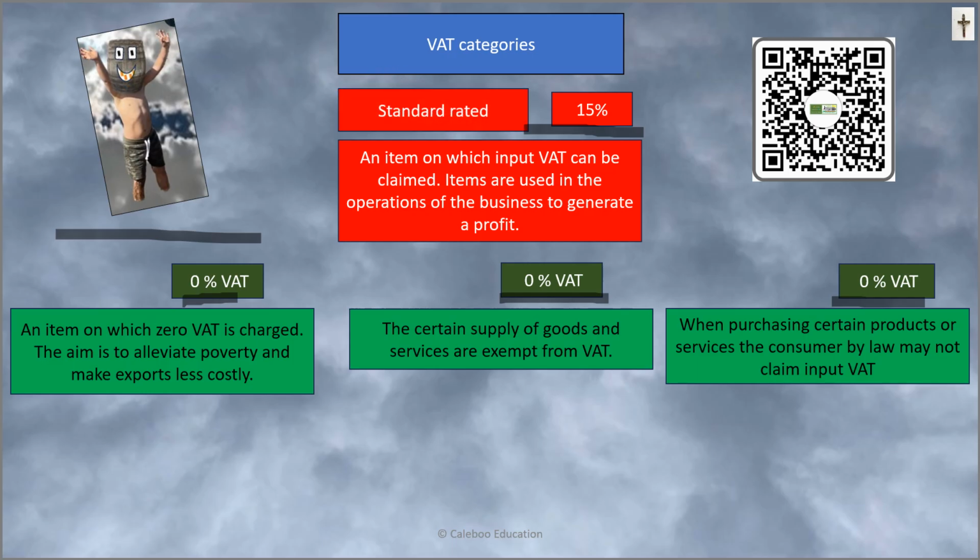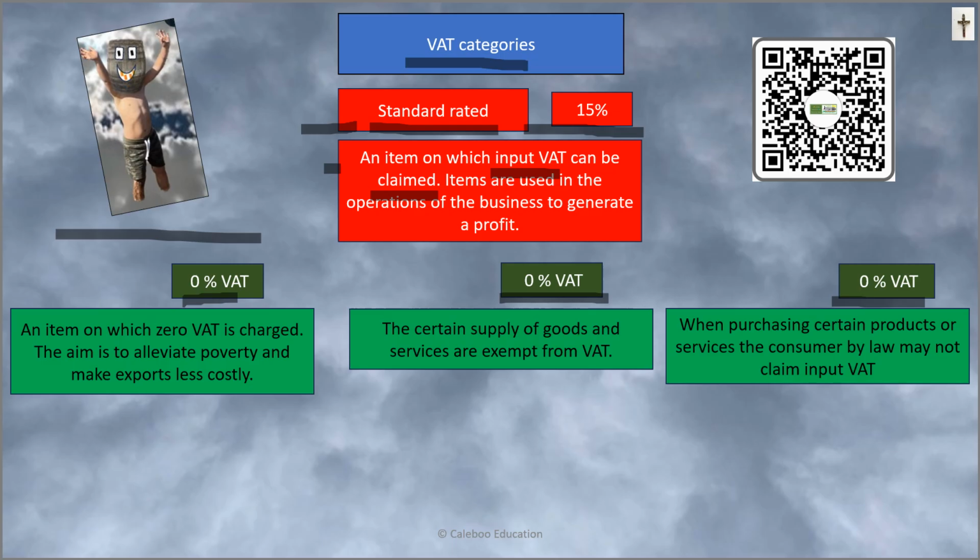You get standard rated items. So the first VAT category is standard rated items. Now there's the definition of a standard rated item: an item on which input VAT can be claimed.